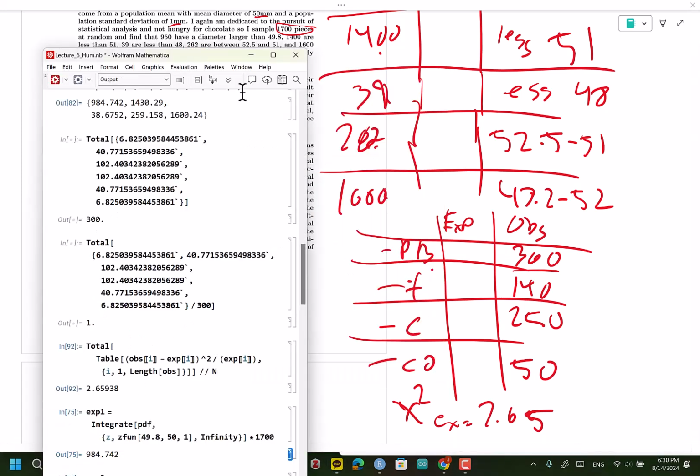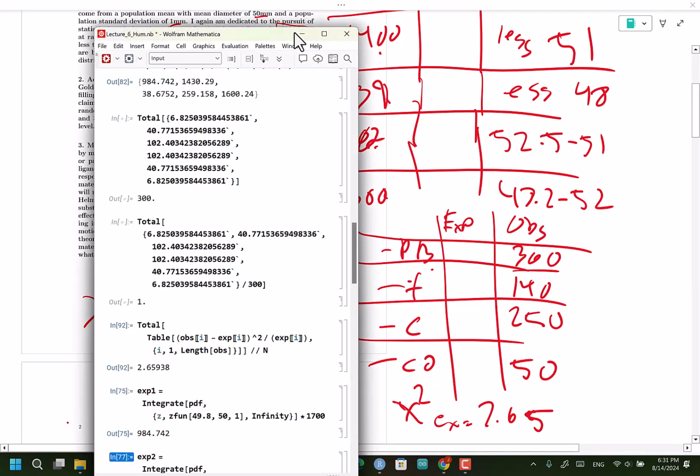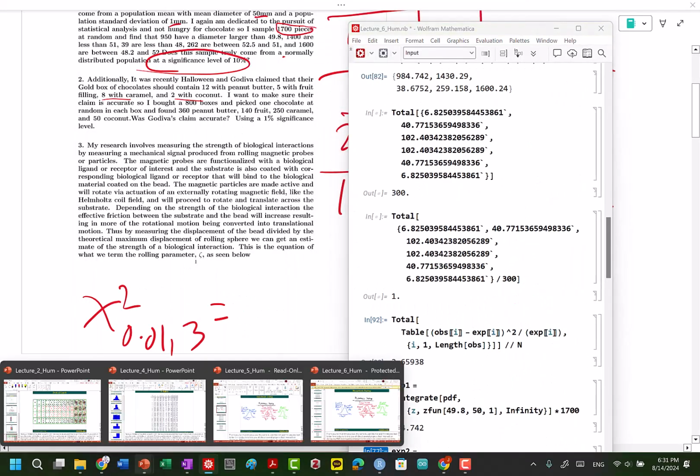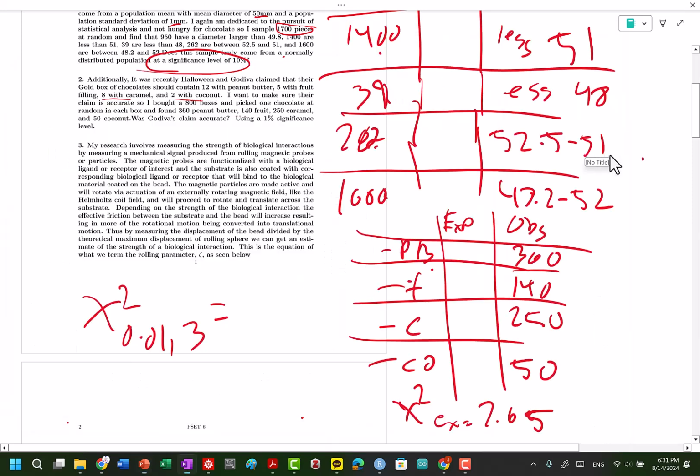So chi-squared of 0.01 and 3 is going to be equal to 11.345.